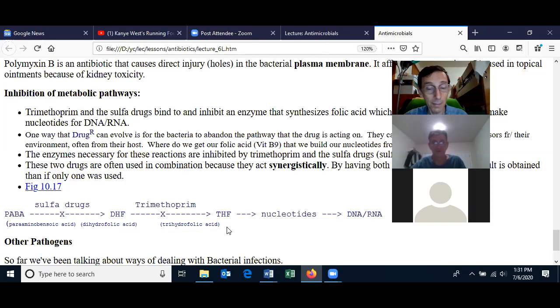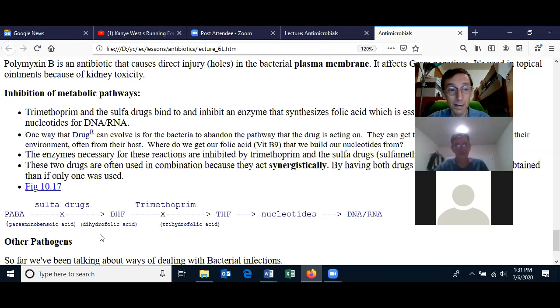And then the bacteria cell can take trihydrofolic acid and convert it into a nucleotide, and then take this nucleotide to build DNA or RNA. This pathway does not happen in eukaryotic cells.